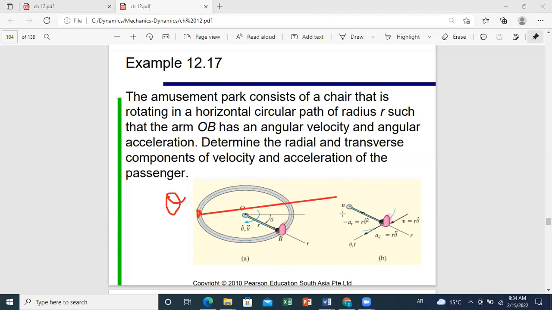Then this is my reference line. Angle theta then will represent the angle between the reference line and the position vector. And this is my angle theta.